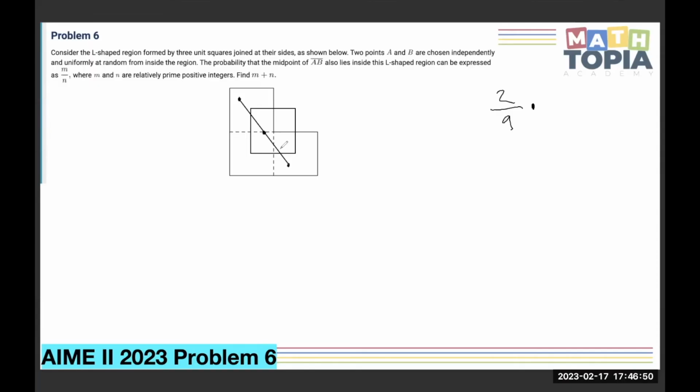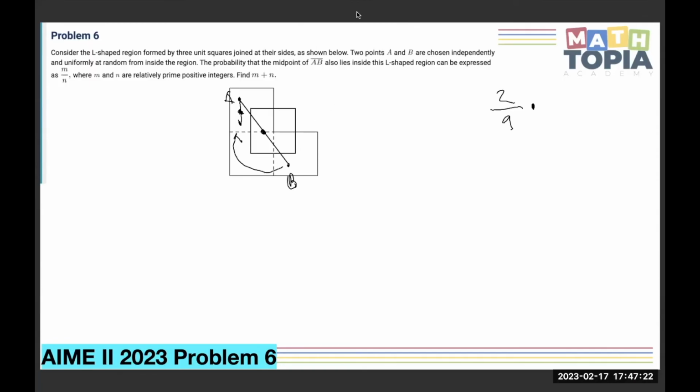It'll lie somewhere, depending on where this point is and this point is. And in fact, what's very interesting here is that if we were to map point B over to the same position on the square where A was, then the midpoint on this square would be the same relative to the position of this point. So this point position on this square is the same as this point, right?